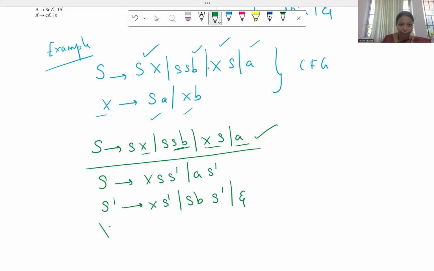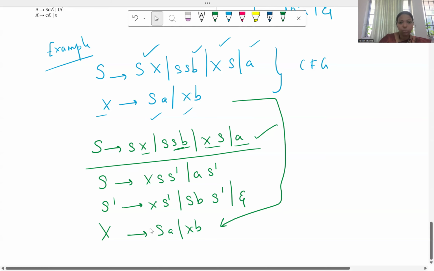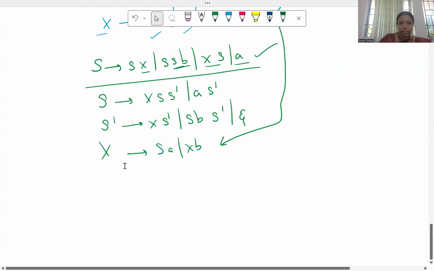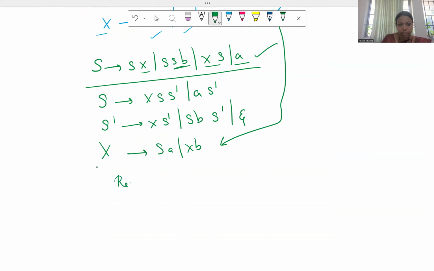Along with that, we have capital X, S A, X B. This one I have also written here. So now this is our new production. Now what we have to do is rewrite this X production.